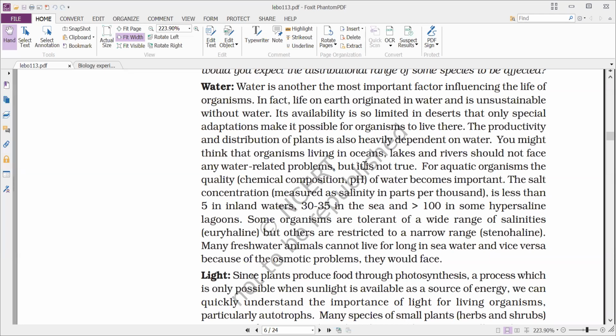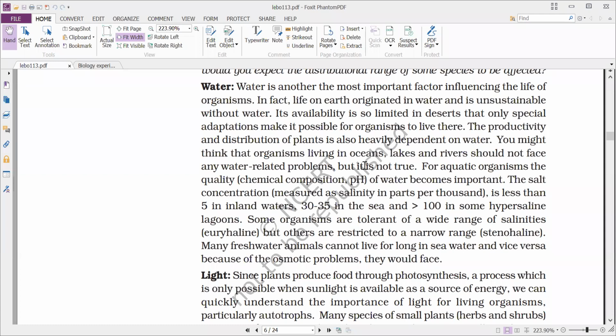And the productivity, that is the production of organic matter in a year, will also be more when the water is available surplusly.